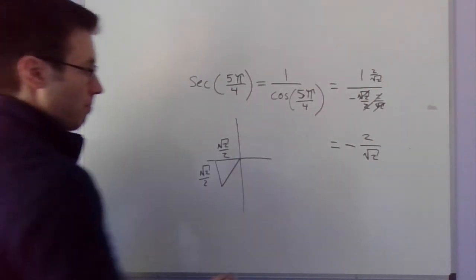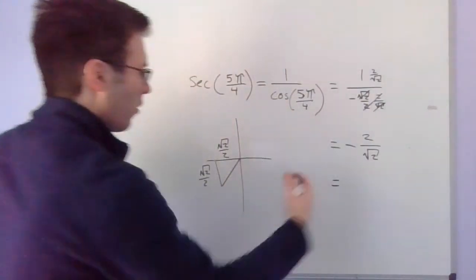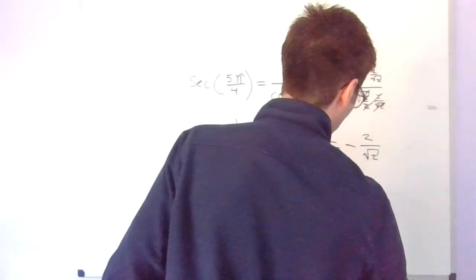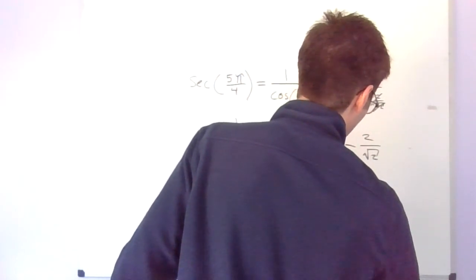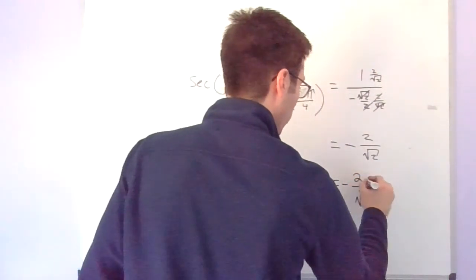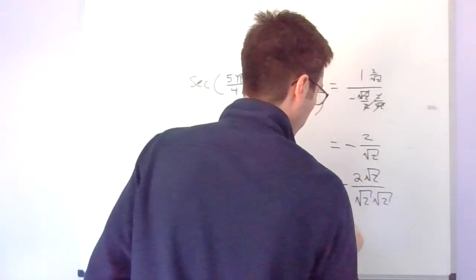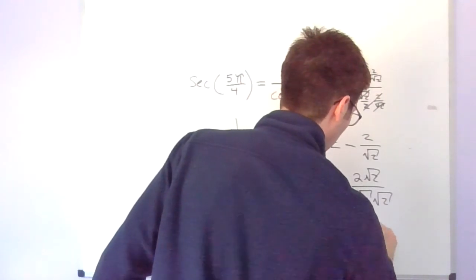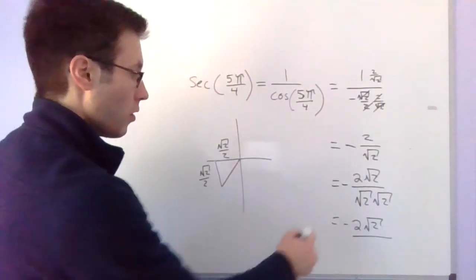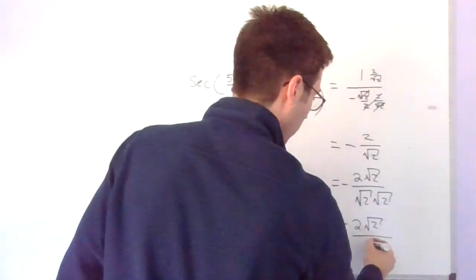We don't like square roots in the denominator, and there's a negative. Now I need to get rid of that square root 2 in the denominator, so I'm going to multiply it by square root 2. That value is going to be negative 2 square roots of 2 over, well, square root of 2 times square root of 2 is 2.